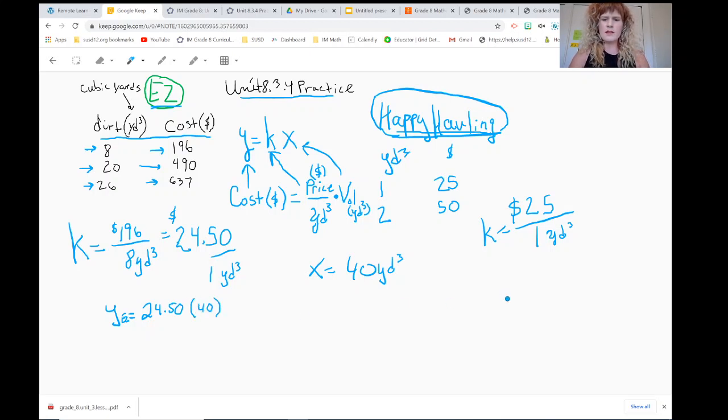You can do the math. Write your equation over here for Happy Hauling. For Happy Hauling, the price will be $25 per yard times 40 cubic yards. Okay, please do the math and get your answers.